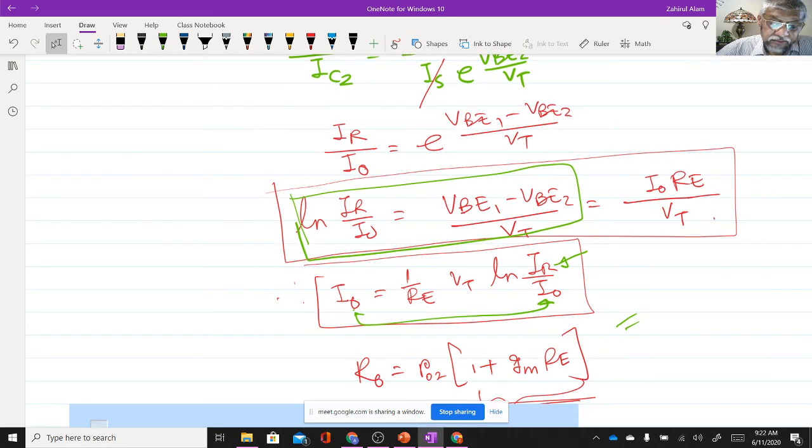So solve or cannot solve? Can. So how can you solve?